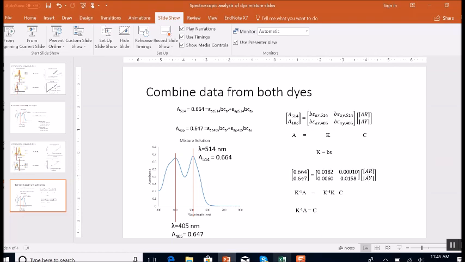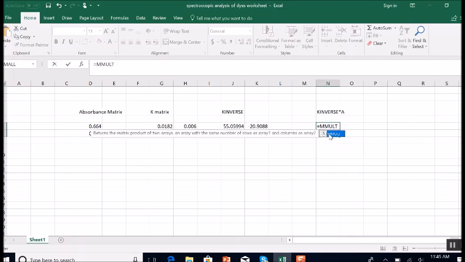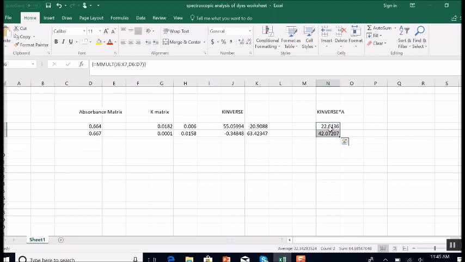So let's select an output area with 2 rows and 1 column. And now we're going to tell Excel to multiply, mmult, these two matrices. K inverse will be the first, and the absorbance matrix will be the second. And again, it's an array, so we'll press Control Shift and Enter to get our concentration.